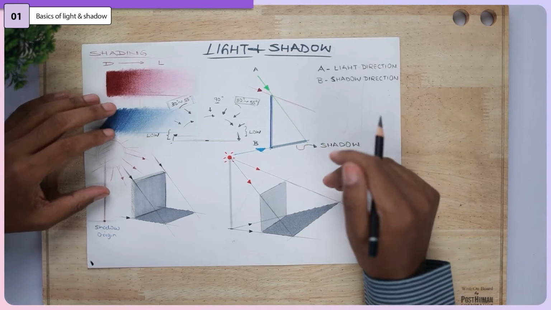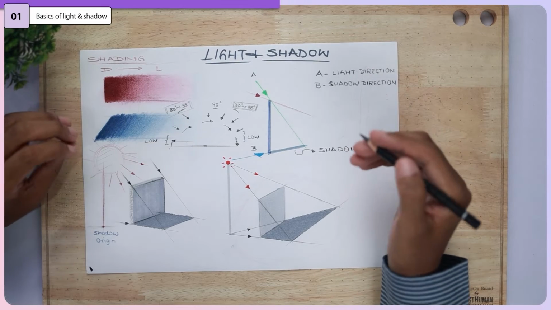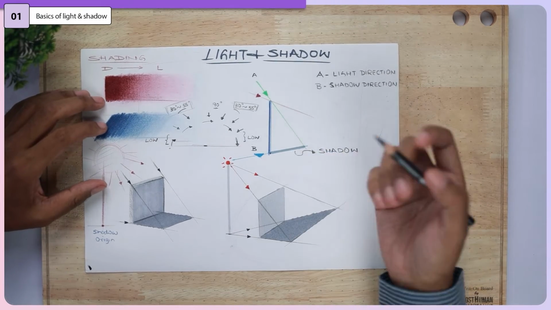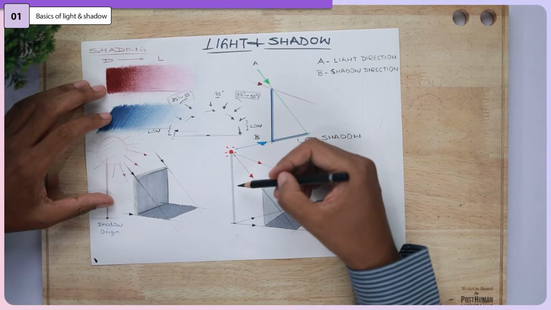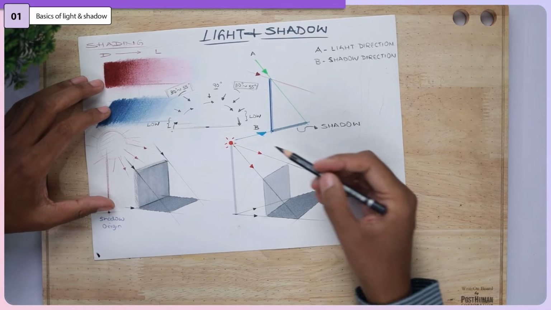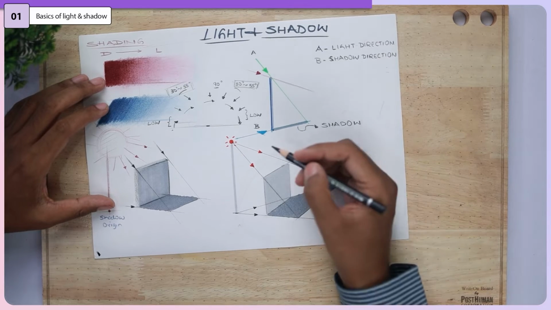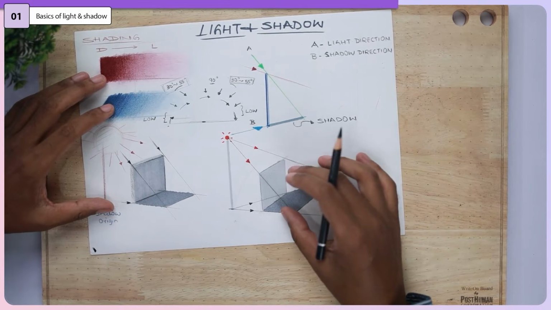As I said a while ago, we need a light direction and a shadow direction in which we want to create a shadow of a given object. Here in front of you, we'll take an example of a cylindrical kind of shape, a pole, and there is a source of light which is denoted by this red color. And there's a 2D-shaped object, a square, placed in front of this light.